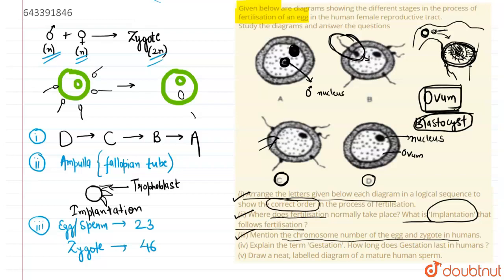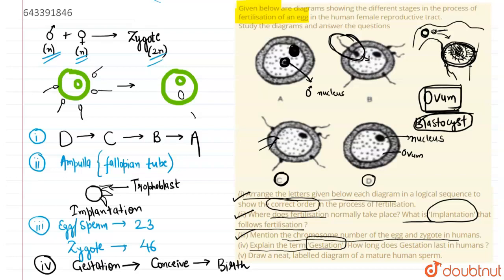Now, coming on to the next question. We have completed the third question. The fourth question says, explain the term gestation and how long does gestation last in human beings. Gestation is the time period from conceiving to the birth.